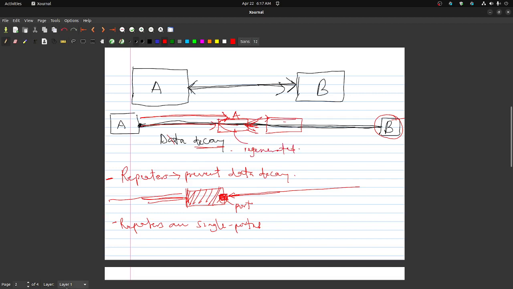So let's talk about some highlights of repeaters. Number one, they prevent data decay. Number two, repeaters are single ported.